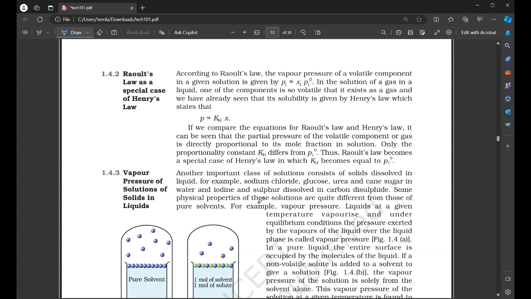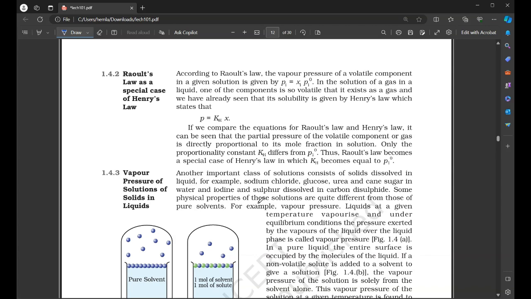In a solution of gas in liquid, one of the components is volatile and exists as gas, and we have already seen that its solubility is given by Henry's law, which states that P is equal to KH x. If we compare the equations of Raoult's law and Henry's law, it can be seen that the partial pressure of the volatile component or gas is directly proportional to its mole fraction in solution. Only the proportionality constant KH differs from Pi naught.